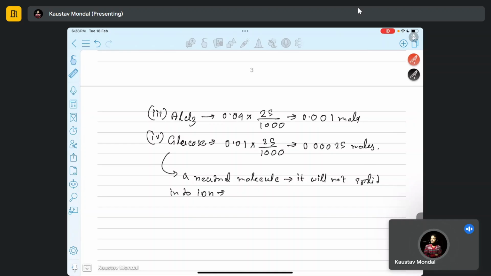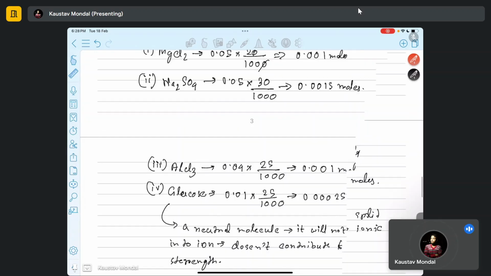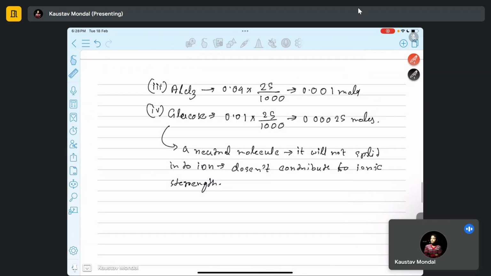If it doesn't split into ions, this means that it simply doesn't contribute to the ionic strength. Because if it doesn't disintegrate into ions, by common sense it doesn't make any contribution to the ionic strength of the solution, right? This is a bit straightforward.